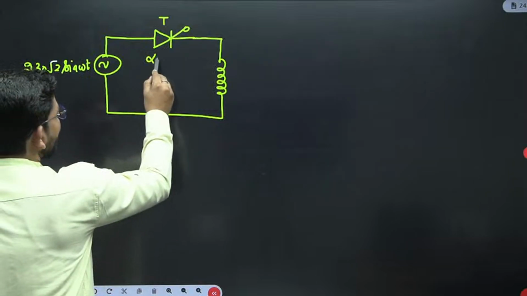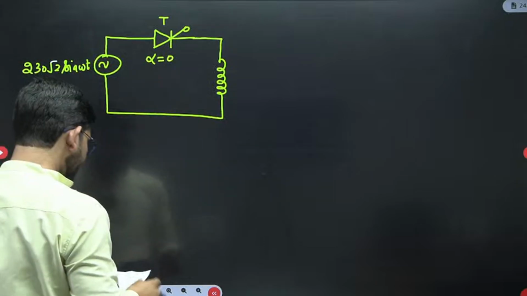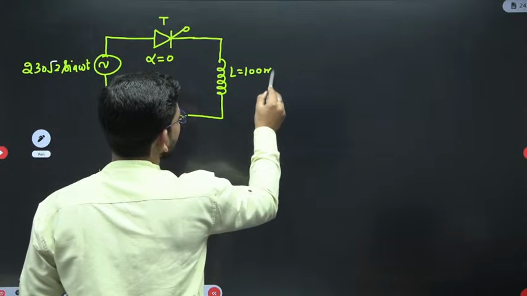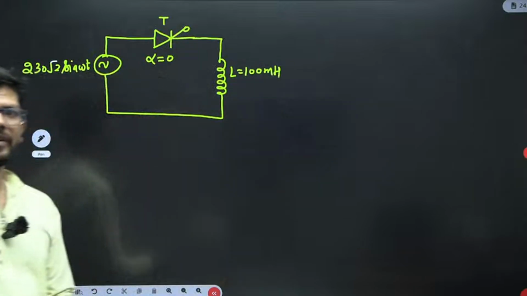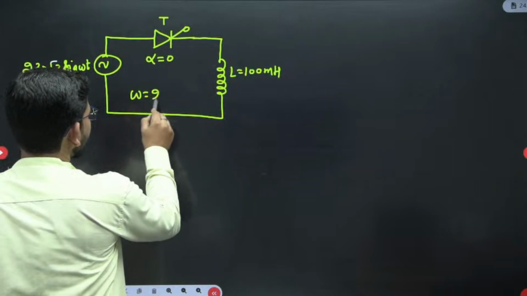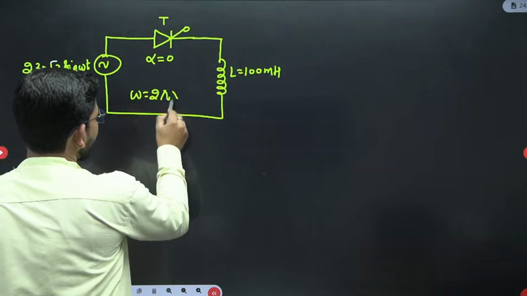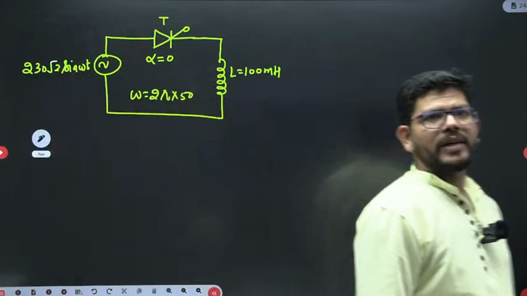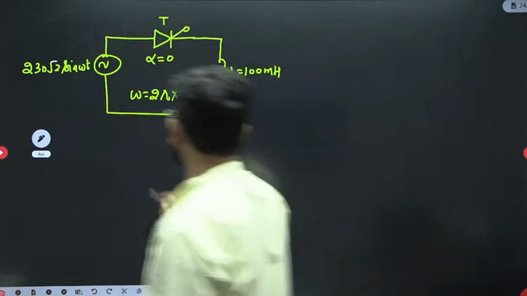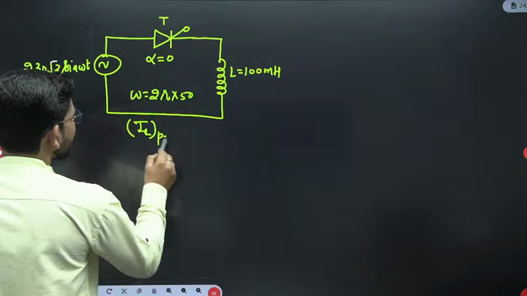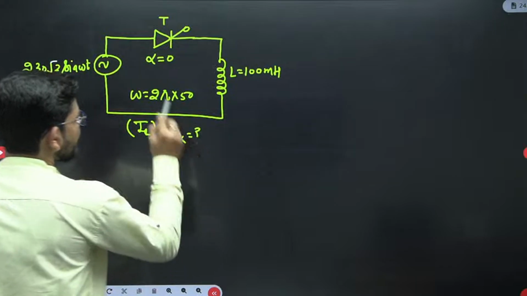For the thyristor, the alpha value is given 0, the inductor value is given 100 millihenry, and omega is given 2 pi into 50 radian per second, right? We have to calculate the peak value of inductor current. What will be the peak value of the inductor current, correct?